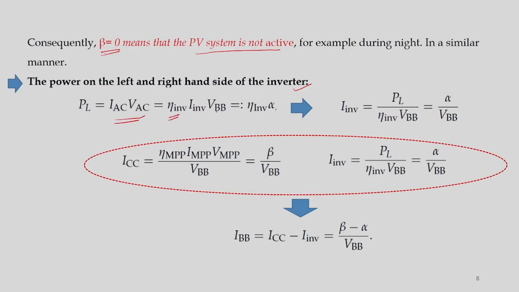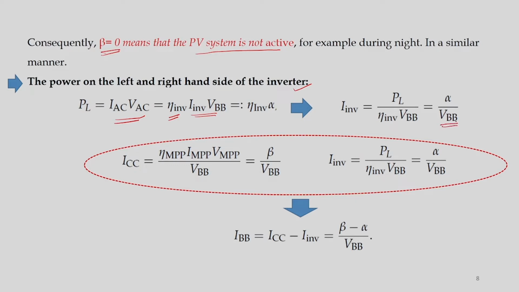Then I_inverter into V_BB. If we define this parameter as alpha, then I_inverter is equal to P_L by eta_inverter by V_BB. So, this is nothing but alpha by V_BB.